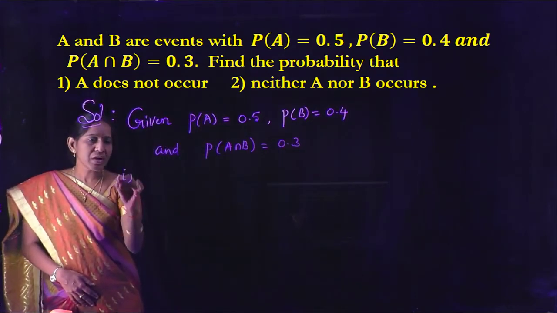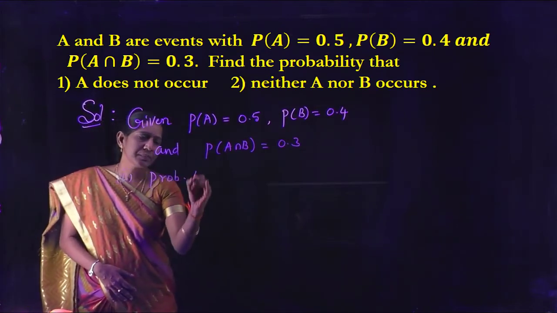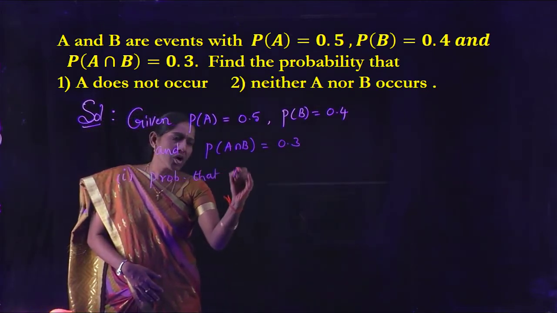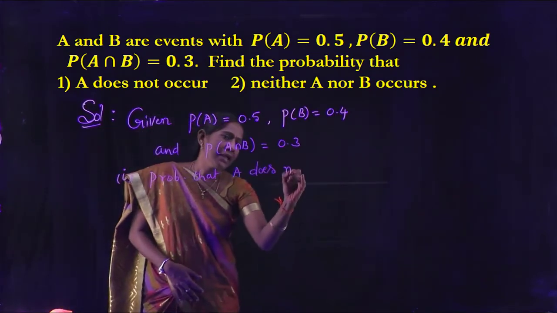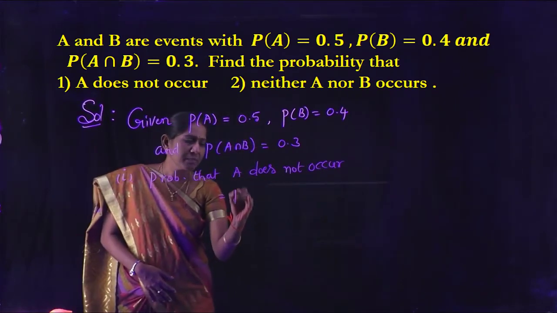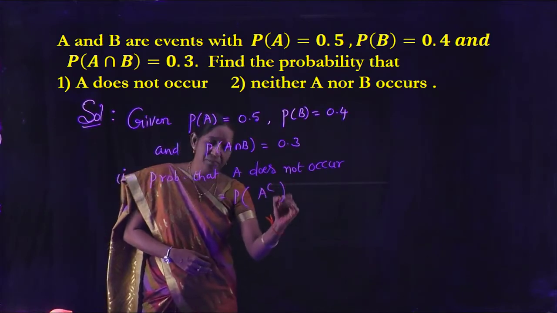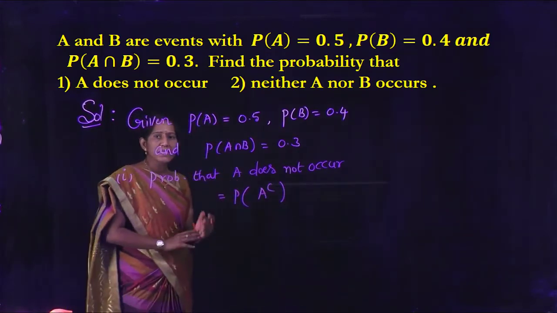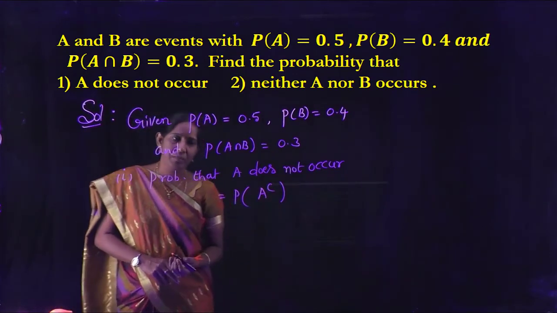First, we have to find the probability that A does not occur. It is denoted in set theoretical notation by A complement. The probability that A does not occur is denoted P of A complement.